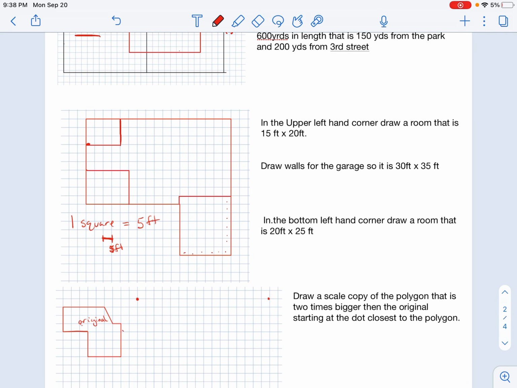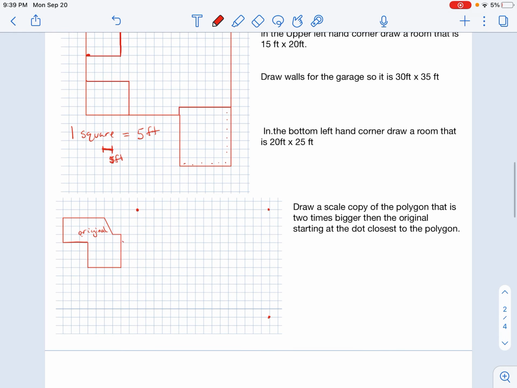So we can use this when drawing scale drawings of houses, floor plans, as well as other things. Having the grid makes it a lot easier. Otherwise, you have to get out a ruler and measure to find what an inch or a centimeter represents in feet and go from there. But if we can assign a measurement to each one of these squares, it just makes it that much simpler.